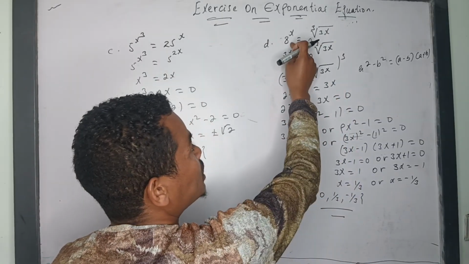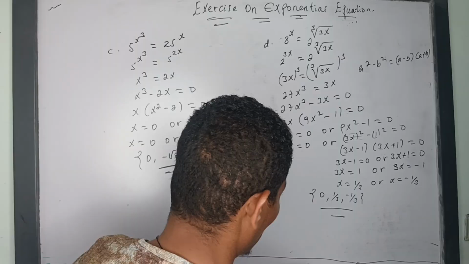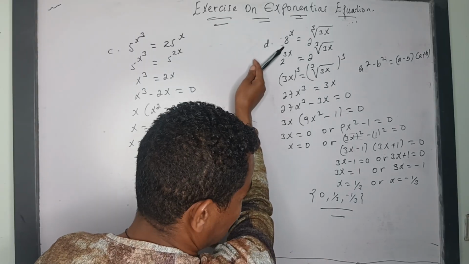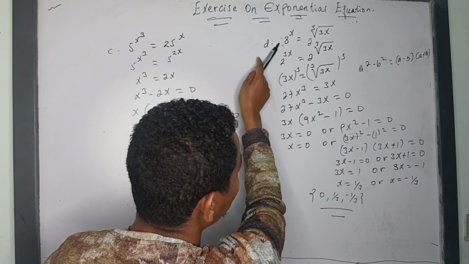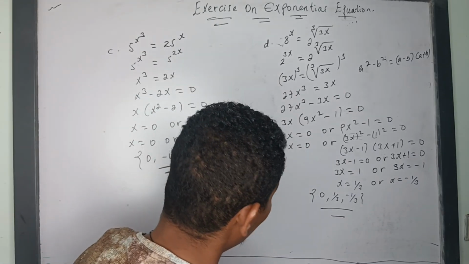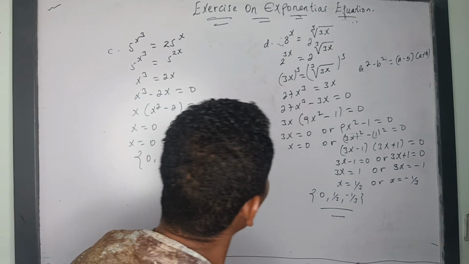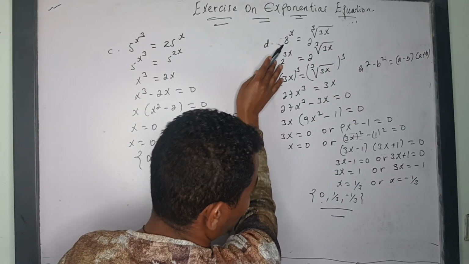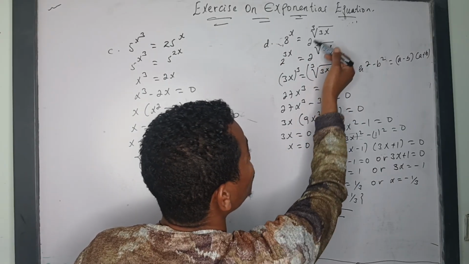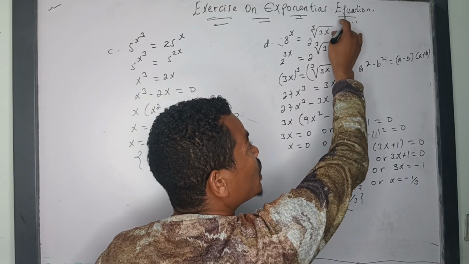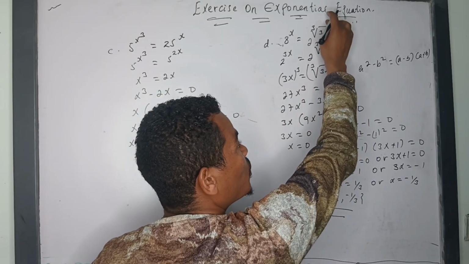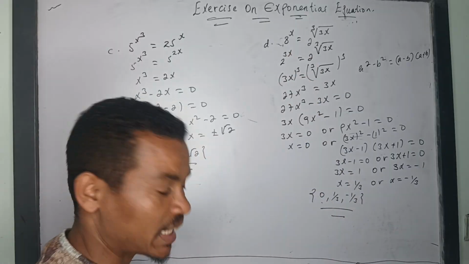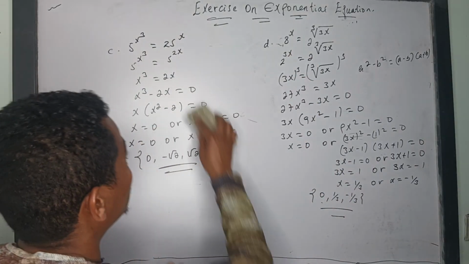For example, if we take 0, the question is 8 to the power of x, right? 8 to the power of 0 is 1, and 2 to the power of cube root of 3 times 0 is 2 to the power of 0, which is 1. So 8 to the power of 0 is 1 and 2 to the power of 0 is 1. These three satisfy the equation.